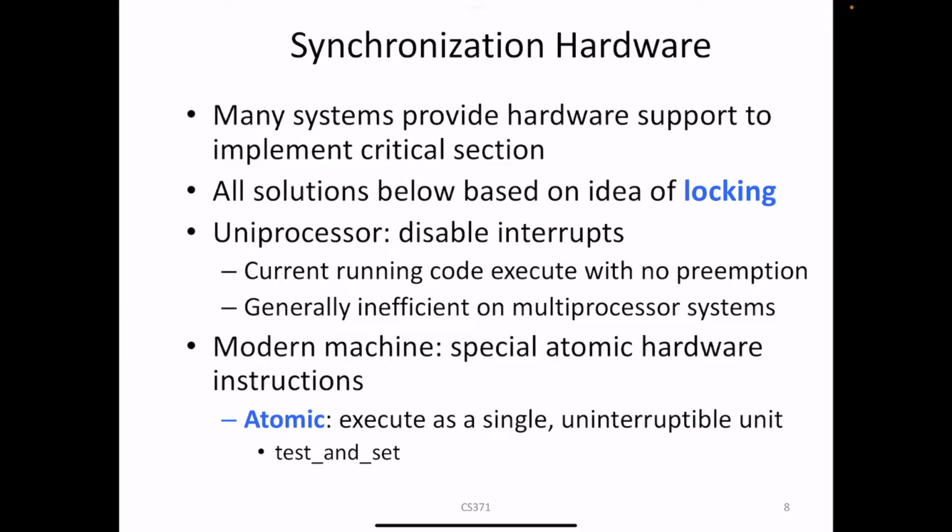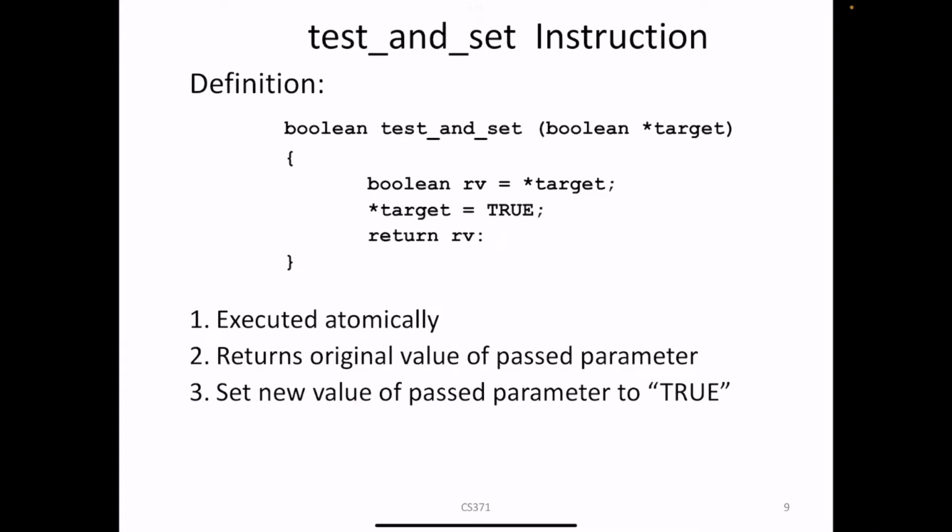One example is test and set. We will go through this example in the next few slides. The definition of the test and set instruction is that we define a function called test and set, which returns a Boolean variable and accepts a Boolean pointer as a parameter. Inside the function, there are three steps. The first step stores the original value of the parameter into a Boolean variable RV.